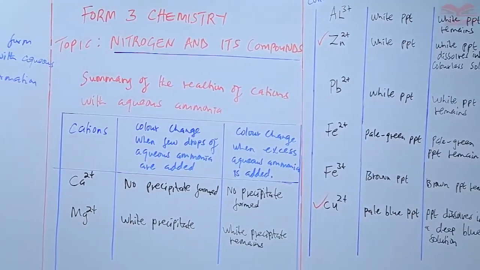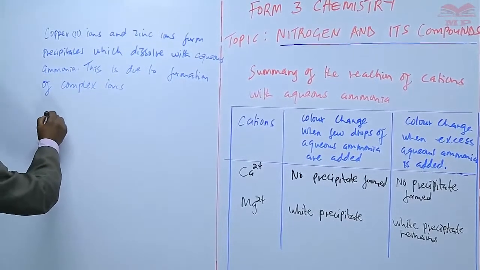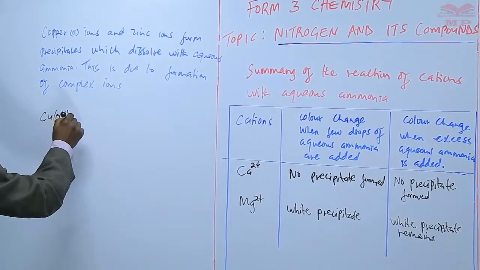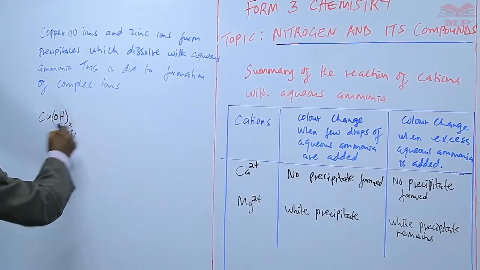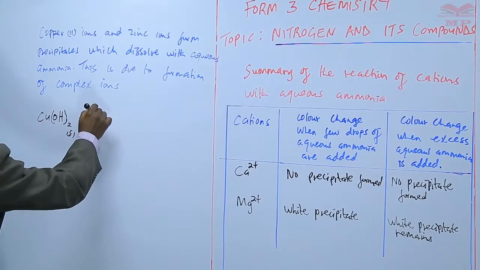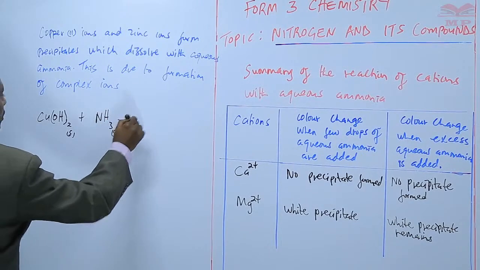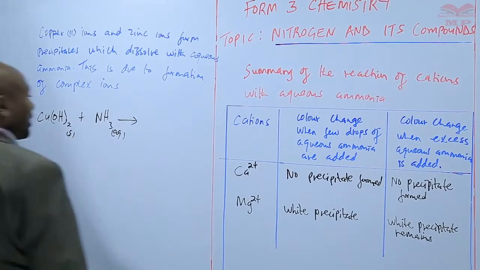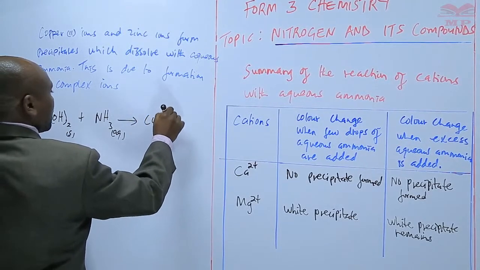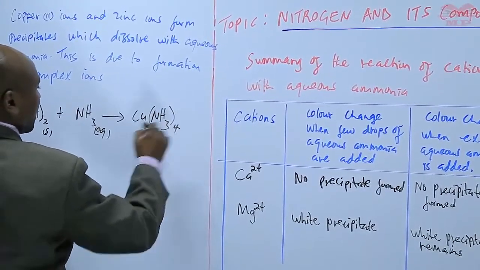So, for example, in the case of copper 2 ions, the precipitate we saw earlier is copper 2 hydroxide, which is pale blue. When you add excess aqueous ammonia, we form a complex ion that is written as this.